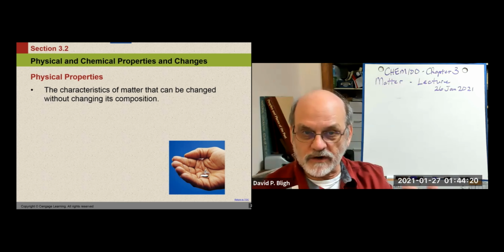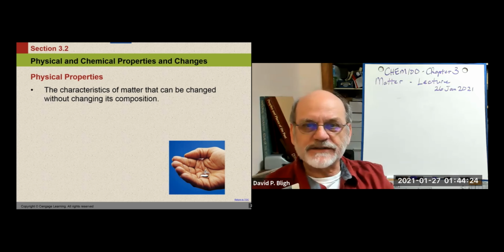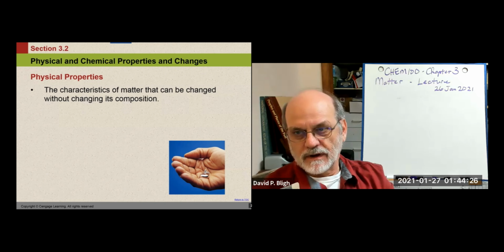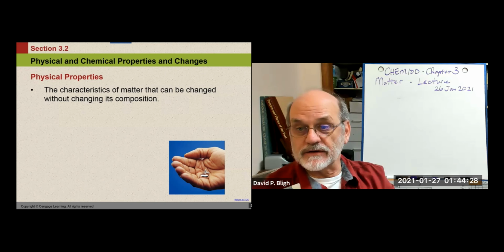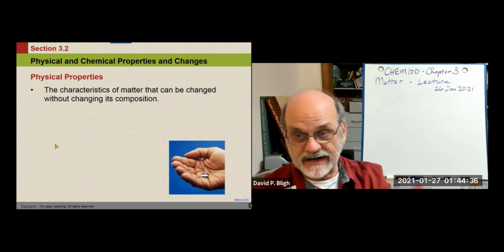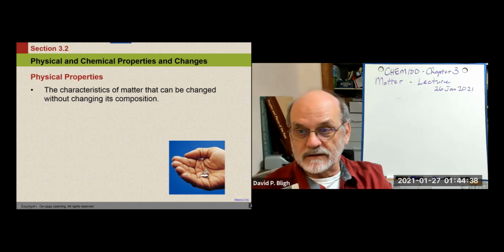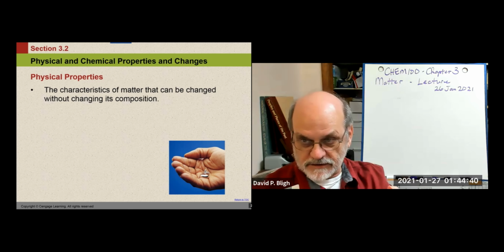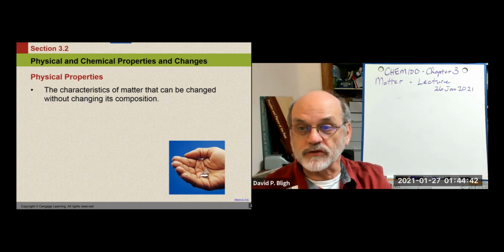Is it a solid, liquid, or gas? That's a property. Or if we say the temperature of the liquid is 28 degrees centigrade, that's a property. We haven't done anything to change it, and the property stays the same as long as we don't introduce any change to it.